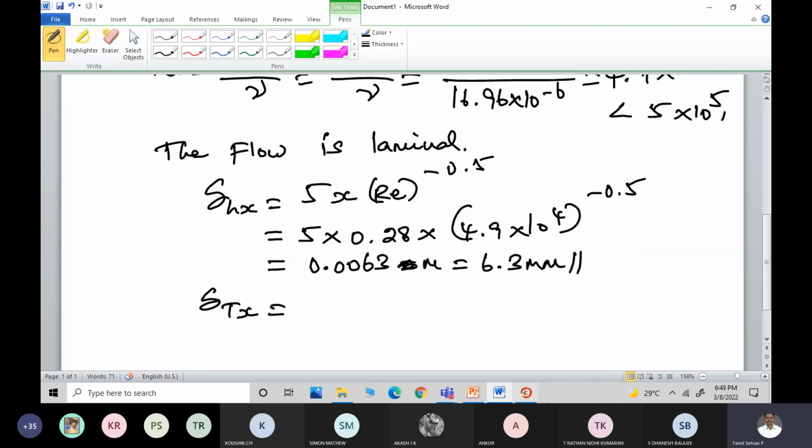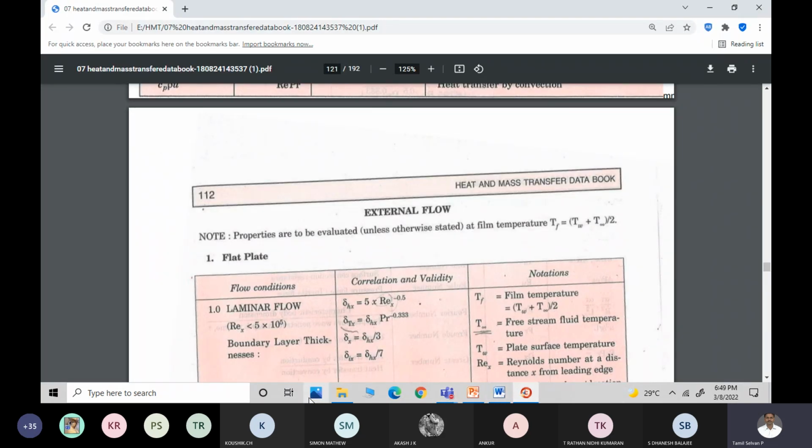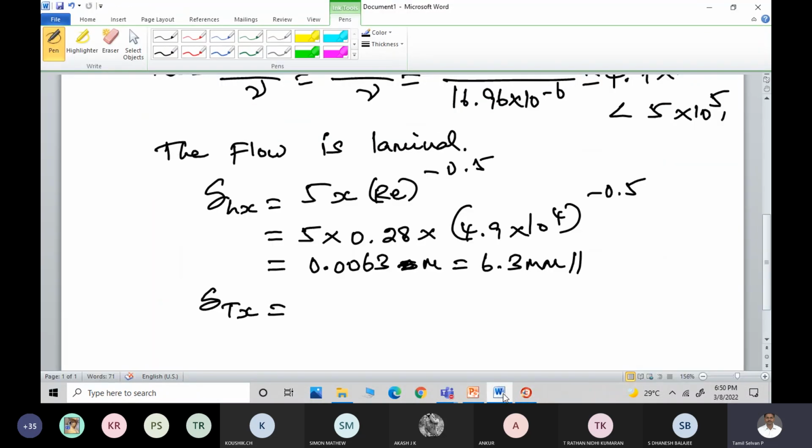Okay, now del Tx. We know that del Tx is del Hx times Prandtl number to the power minus 1 by 3, or minus 0.333, whatever it may be.